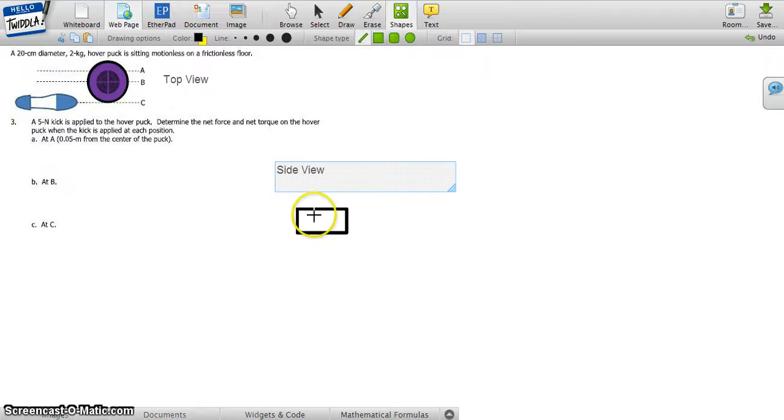There would be a support force on it from the floor, straight up. There would also be a weight force acting right at the middle, straight down. And there's going to be this applied kick that's kind of like this, I guess.